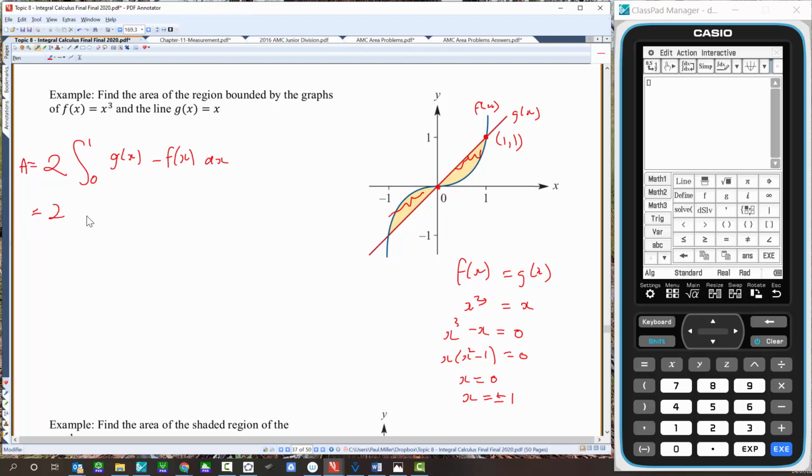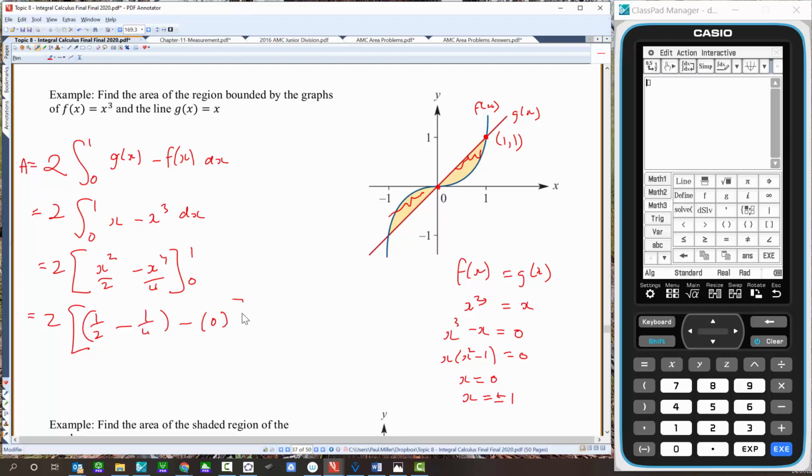All right, let's do it. Okay, g of x, x take x cubed. Well, let's bang one in. Bang 0 in.